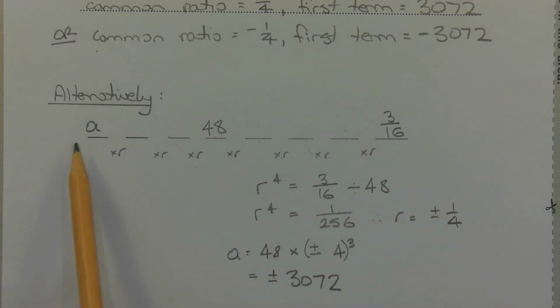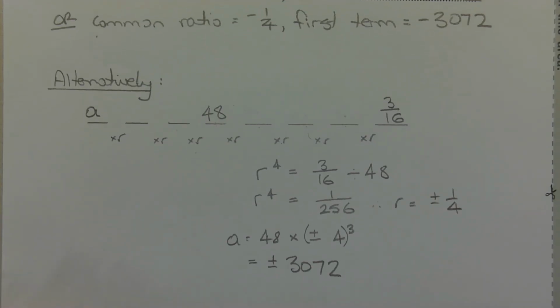So using this diagram, we can deduce that 48 times r to the power of 4 gives us 3 over 16, and we can get r is equal to plus or minus 1 over 4 this way. Likewise, we can use this to then find the corresponding values for the first term a.